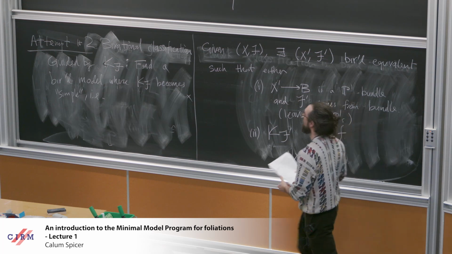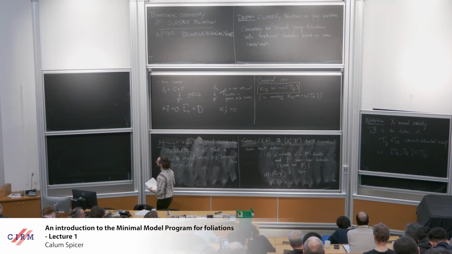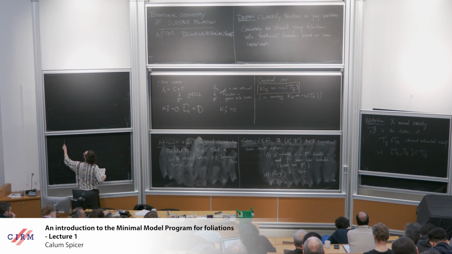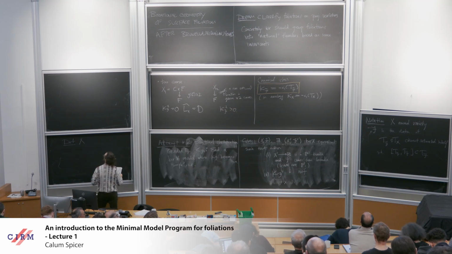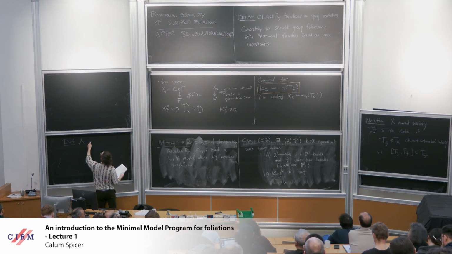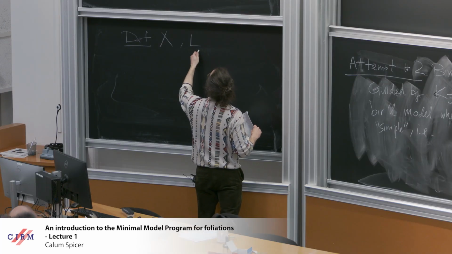And let me recall what NEF means. So recall that a line bundle or a divisor, so X, let's say again, is a variety. L is a line bundle or divisor.